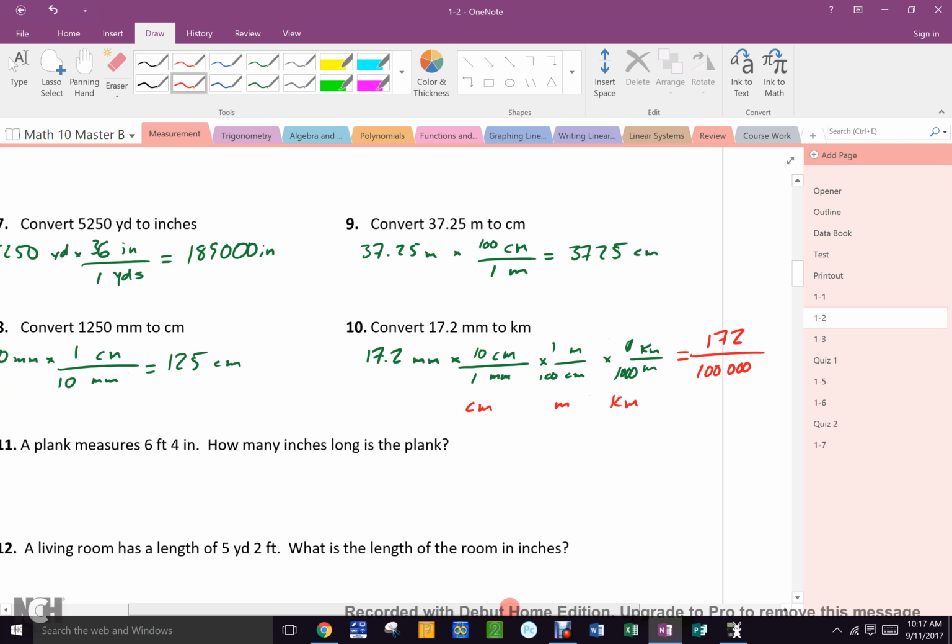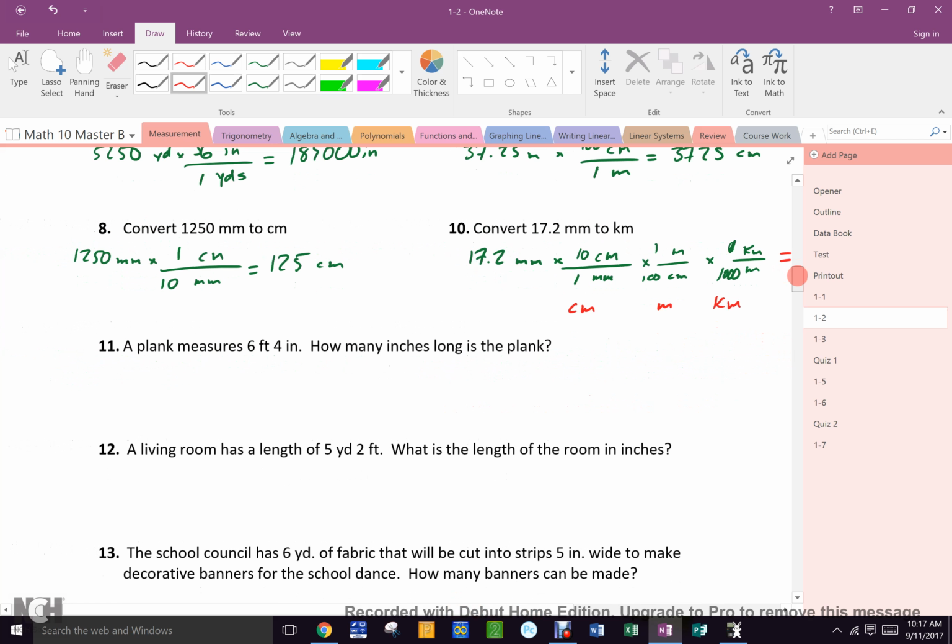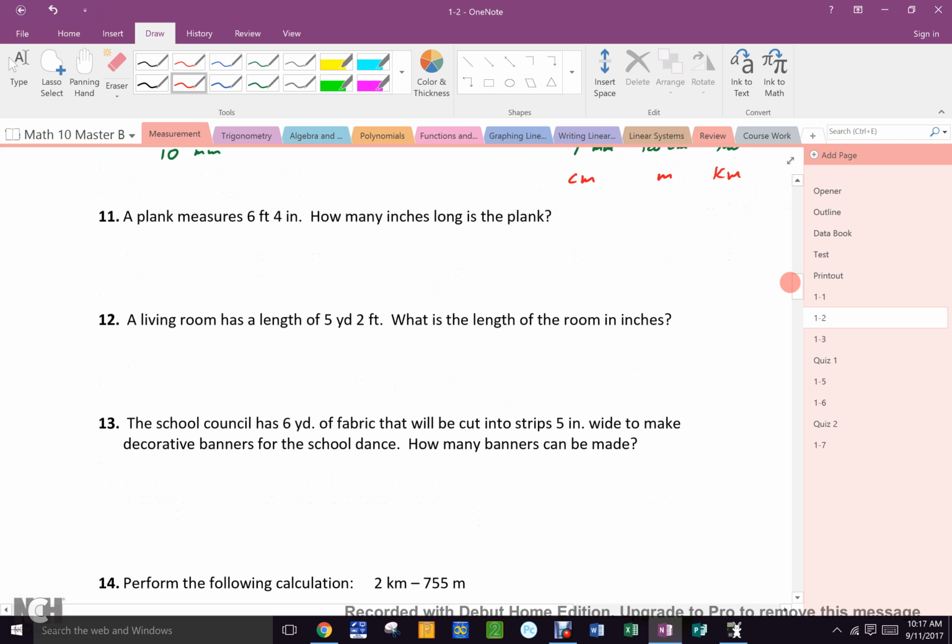So now let's do some actual real-life problems. I got a plank at 6 foot 4 inches. How many inches long is the plank? Well, if I need to know inches, do I have to care about the 4 inches? No, I only need to care about feet, right? So 6 feet. And what do I want?